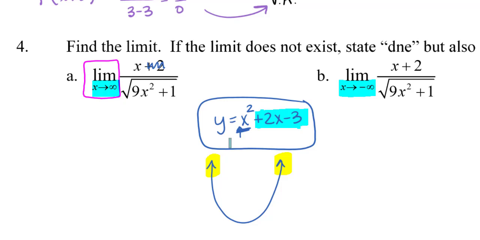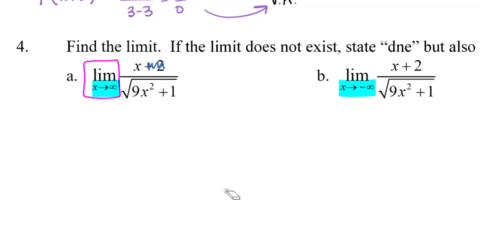So I'm going to look at this and say that if I look at just the highest powered term over the highest powered term, I will be able to talk about this as x is approaching infinity. Again, if this were as x approaches 2, well, plus 2 is a big deal.